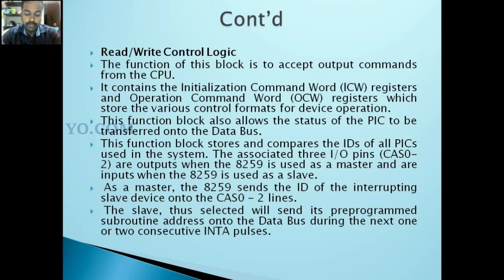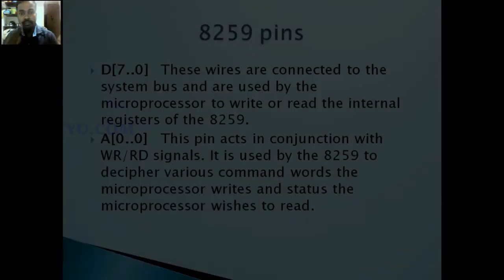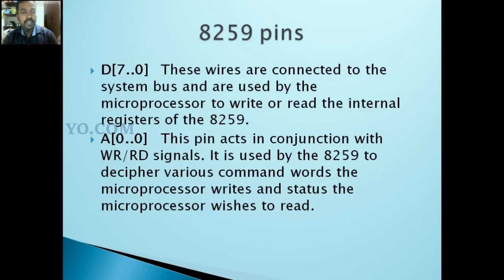Then INTA, the acknowledge pin. After the microprocessor receives the interrupt, it acknowledges the interrupt by using the INTA pin. This is an input to the 8259. The next one is IR, interrupt request 0 to 7. It is an interrupt request line that is asserted by the peripheral device when one of the signals is enabled.